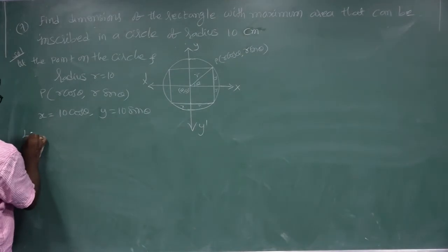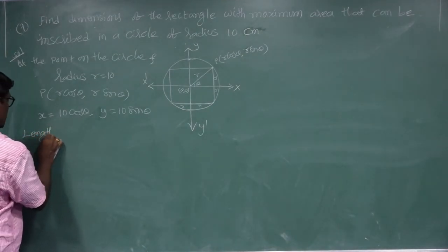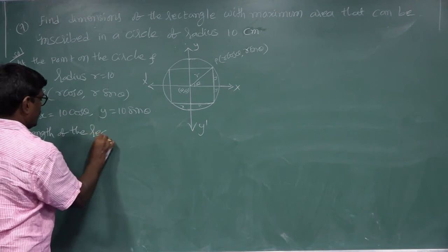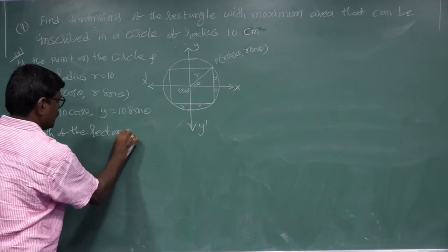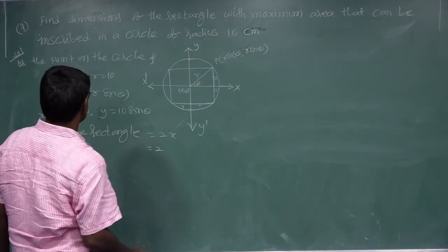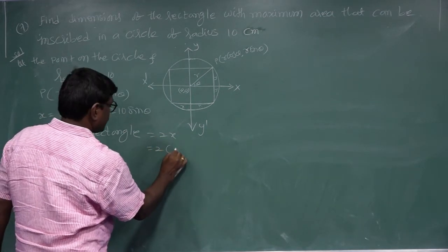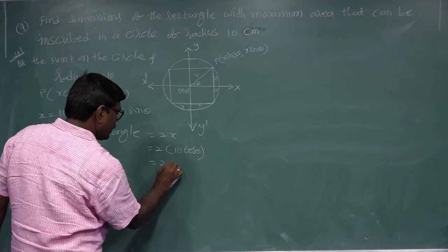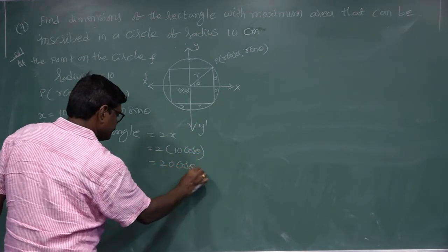The length of the rectangle equal to 2x, 2 into r cos theta, equal to 20 cos theta.